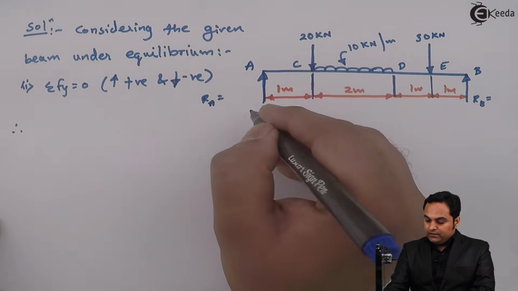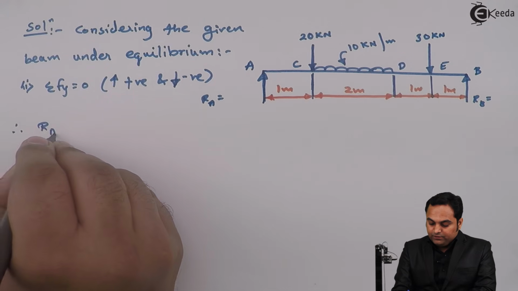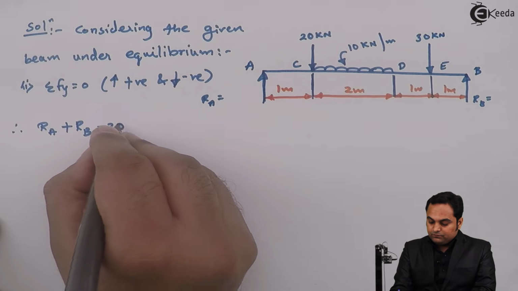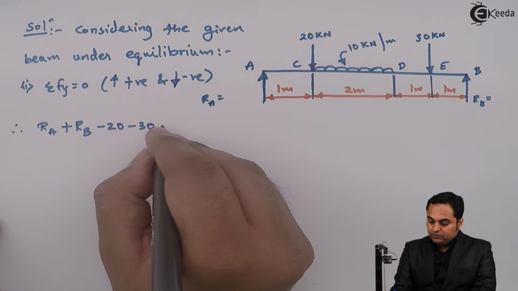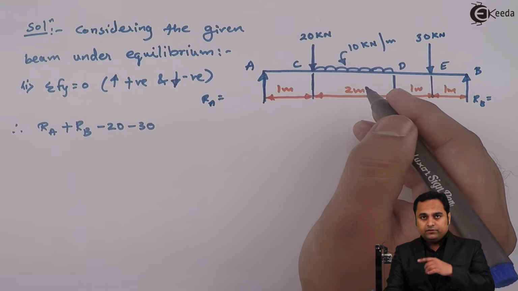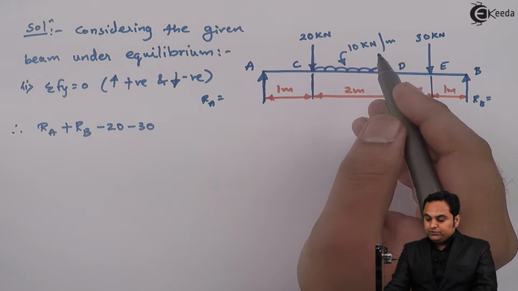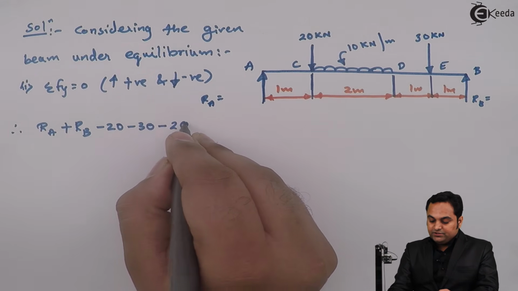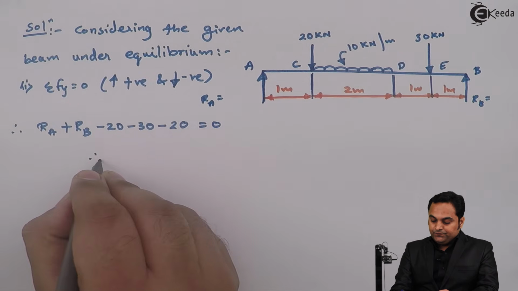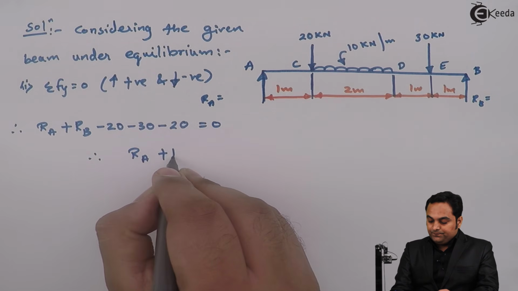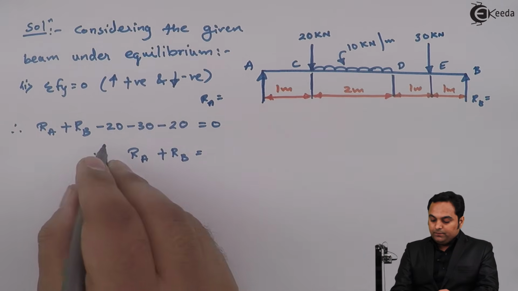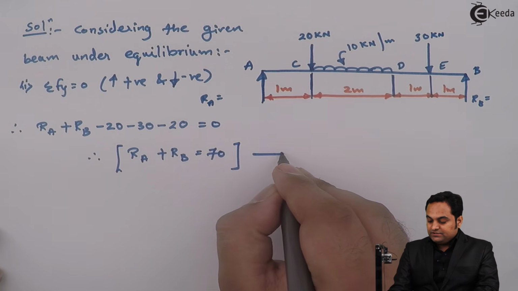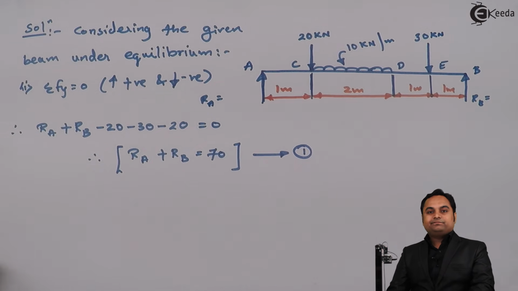So we have Ra plus Rb, both are upward, minus 20, minus 30, then 10 into 2, because I have to convert the UDL into point load, so it is 10 into 2, that becomes 20 and acting in the downward direction, so negative, is equal to 0. So therefore Ra plus Rb will be equal to 70, and I'll keep this as the first equation.